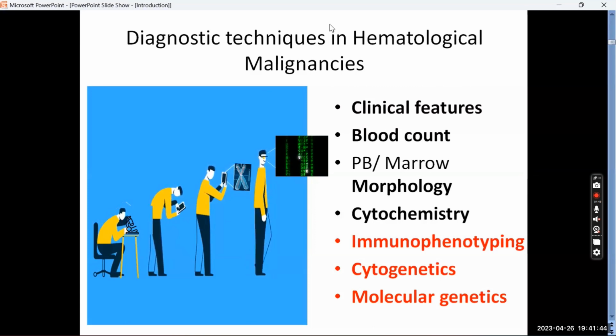So if you want a proper diagnosis of a hematological malignancy, you definitely need immunophenotyping, you definitely need cytogenetics, and in some cases you need molecular genetics too. Only then can you correctly place that particular diagnosis as per the WHO blue book. If you are not doing these auxiliary techniques, diagnosing only by morphology, cytochemistry and other findings may not give you the proper diagnosis.